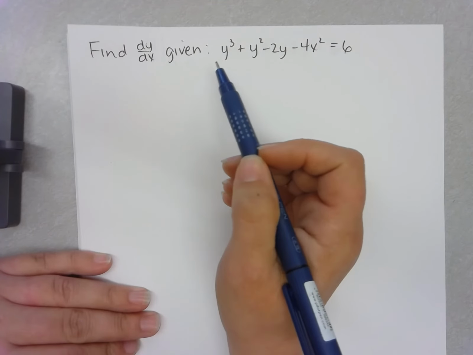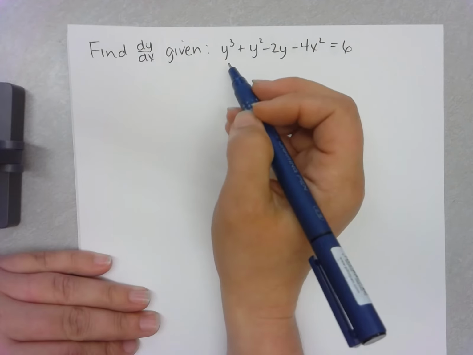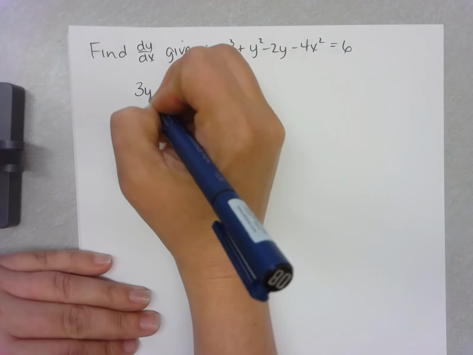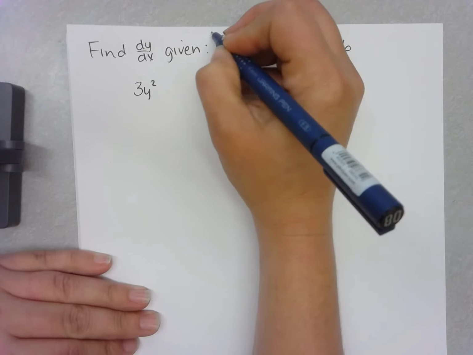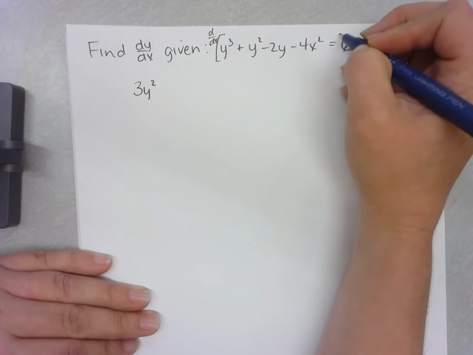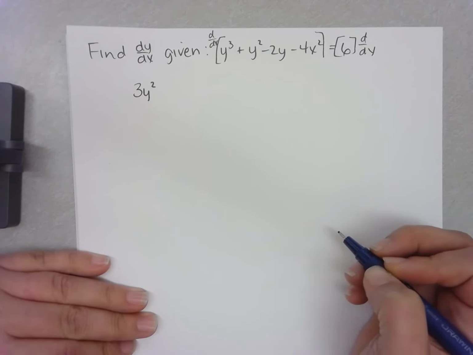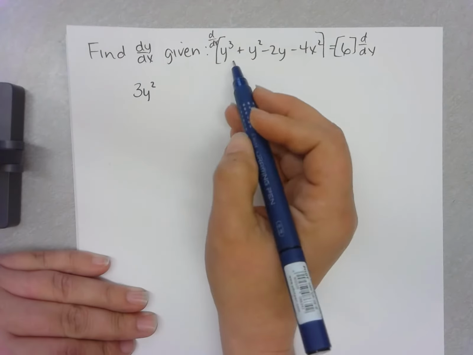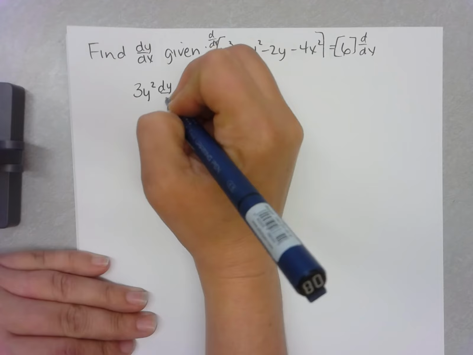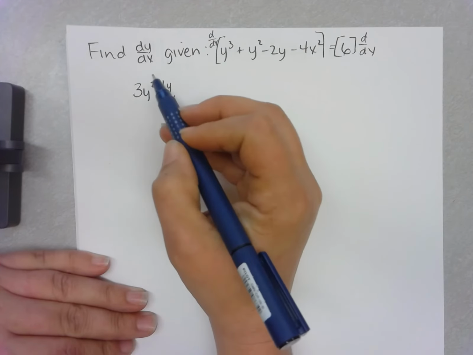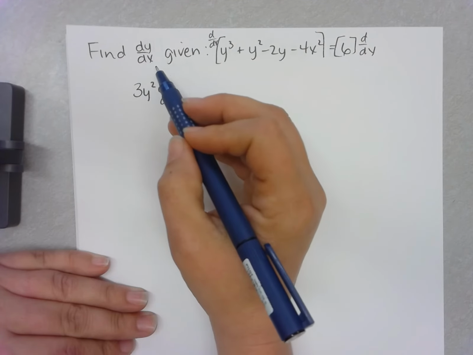So when I take the derivative of y cubed, if this were x, the derivative would be 3x squared. So this is 3y squared, but in fact it's not x. What I'm doing here, I should probably write this, is the derivative with respect to x of both sides. So 3y squared, but y is not a constant, it's a function, so I multiply by dy/dx. D, the name of the function, over d, the variable, and we're given that we're going to do it with respect to x.